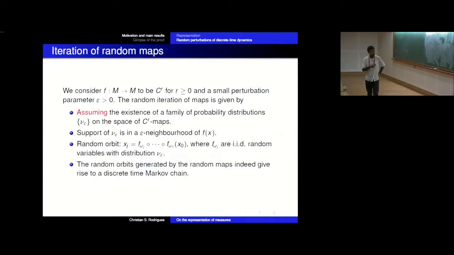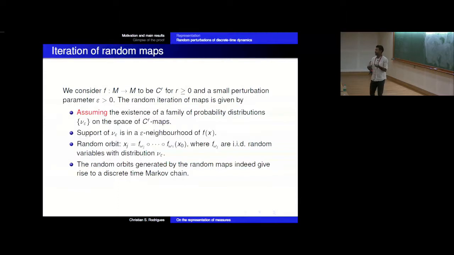The idea is very similar, but now you have your unperturbed dynamics generated by the iteration of f. You have a parameter that is just the amplitude of your perturbations. And then what you do here implicitly is to assume that there is a probability measure on the space of the maps. And more than that, you want that this preserves some class of maps.